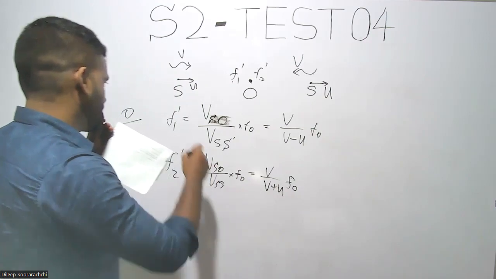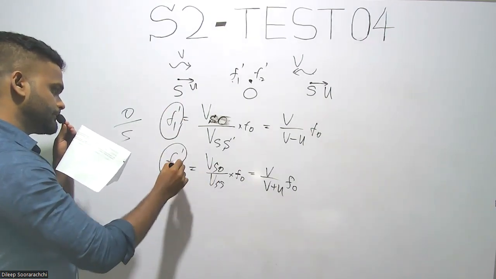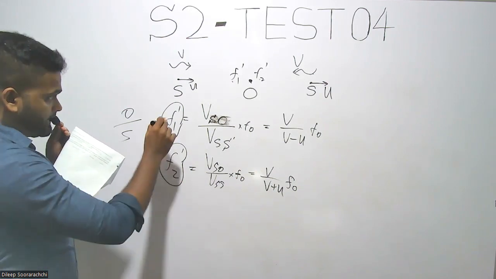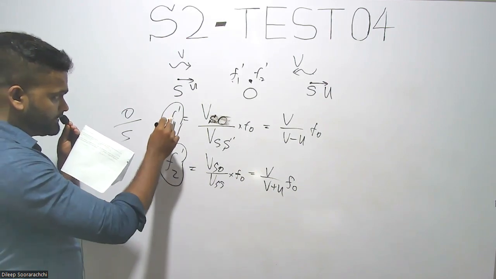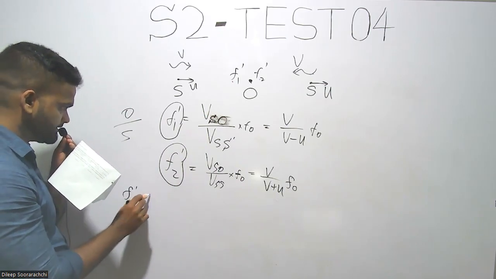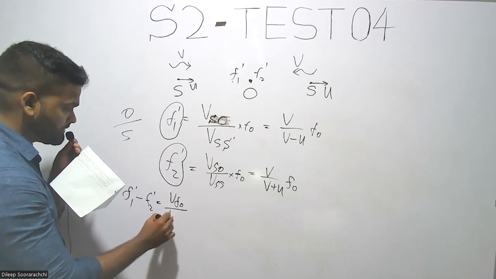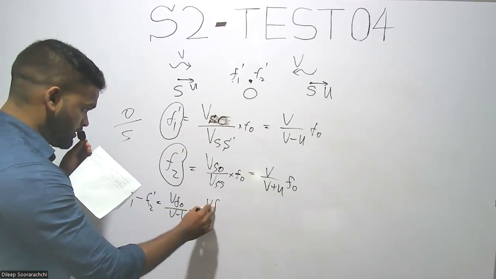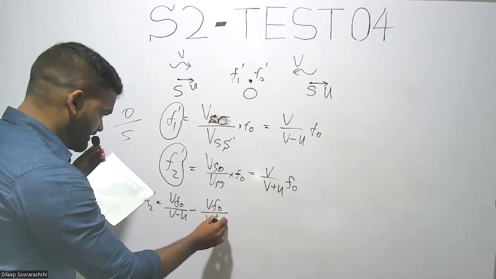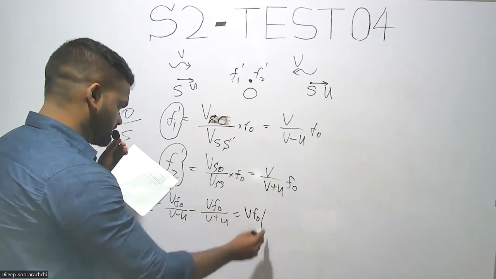Right. So this is one frequency, and this is the other frequency. In order to get the answer, you need to get the difference of these frequencies. So the difference is this minus this: v f naught divided by v minus u, minus v f naught divided by v plus u. I'll take v f naught out.